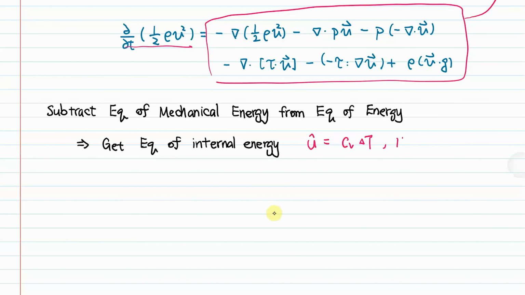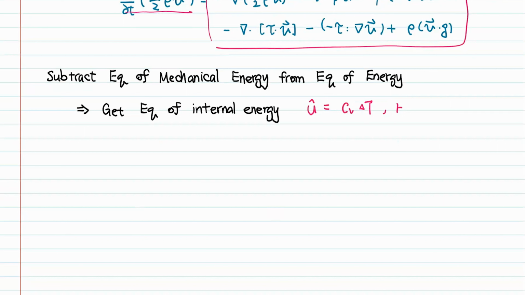Or you think of the enthalpy term as equal to the constant pressure heat capacity times temperature difference, right? So if we have an equation just having the internal energy or the enthalpy term, then it's going to fulfill our initial objective to have an equation where temperature appears. That's why we're subtracting the equation of mechanical energy, because now on the left hand side we only have the internal energy term left.